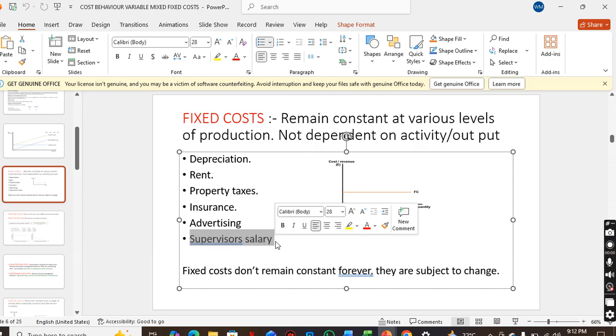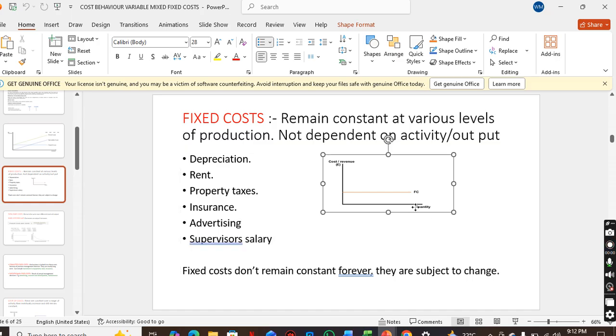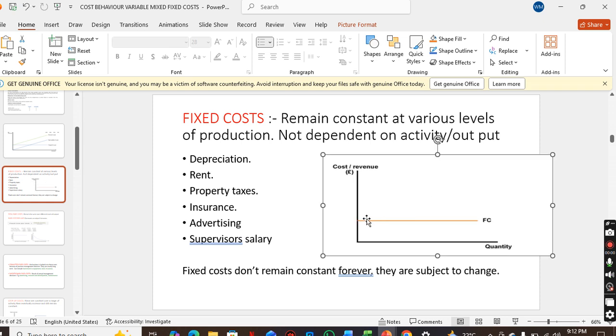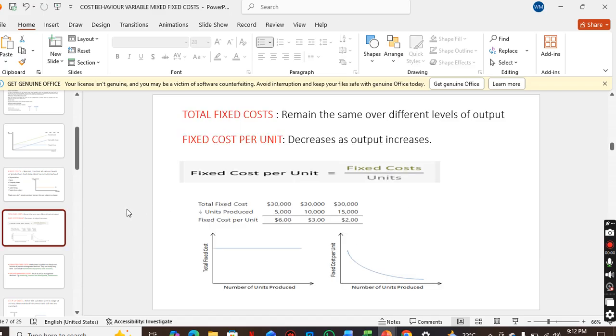Alright, these are the fixed costs. They stay the same, they do not change. As you can see here in this graph here, they just stay straight like that. Now when we look at per unit fixed costs, something changes. Okay, the way we get our fixed cost per unit is our total fixed costs divided by the number of units.